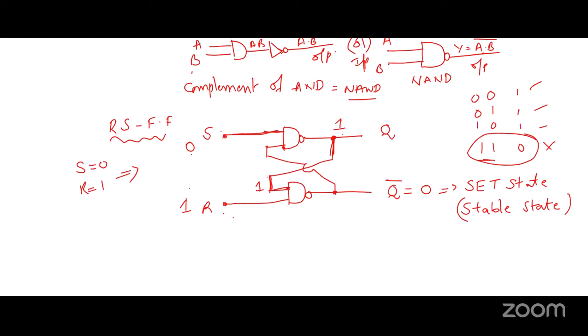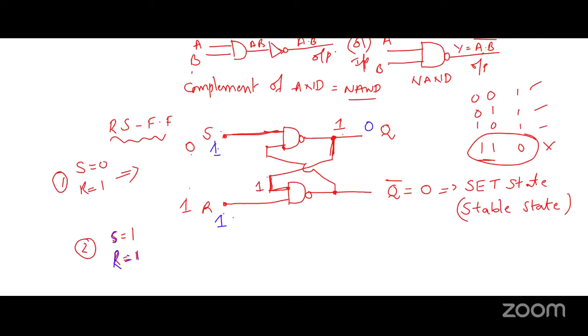S1, R1. This is the first case. S equals to 1, R equals to 1. If S is 1, what is the output? 0.